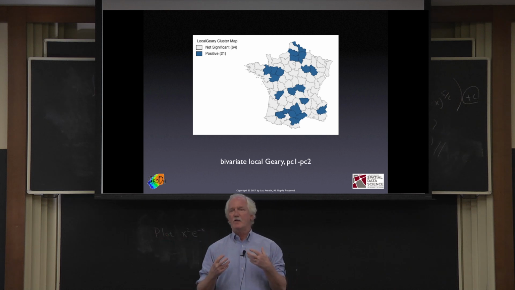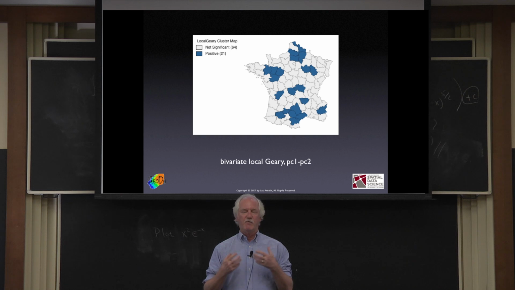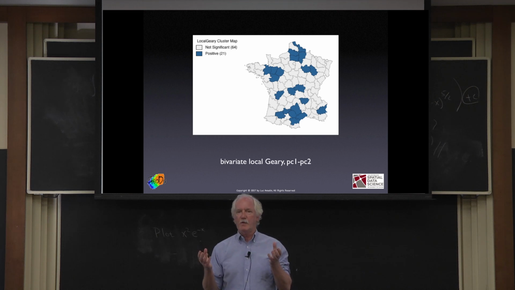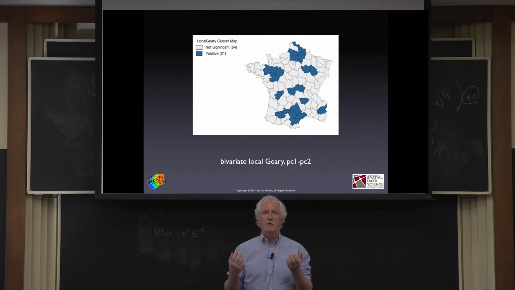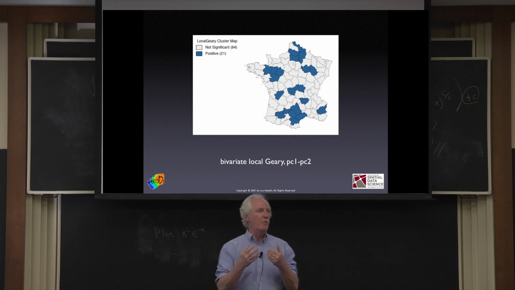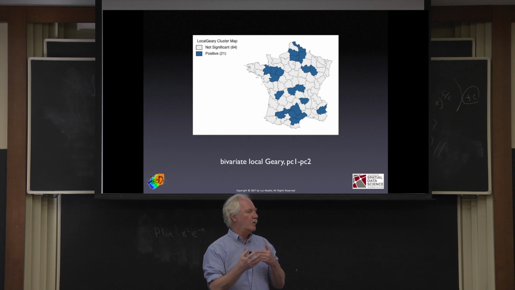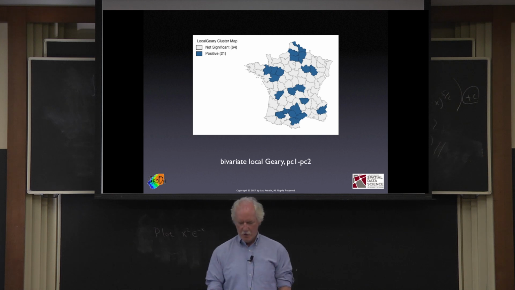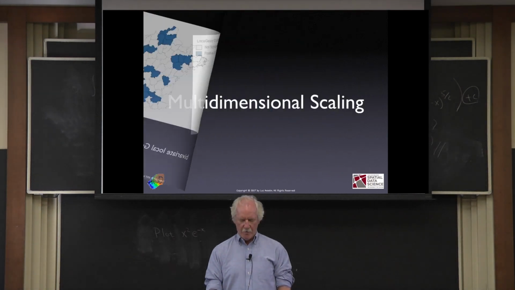When you have bivariate spatial correlation, that's a very difficult concept, because you're confusing the correlation between the variables themselves in place with the correlation between the variables and the other variable in neighboring locations. But with principal components, you don't have to worry about that, because they're uncorrelated. So the only correlation you're picking up is between the neighbors. There is no correlation in the location itself, which is a clear advantage of this.